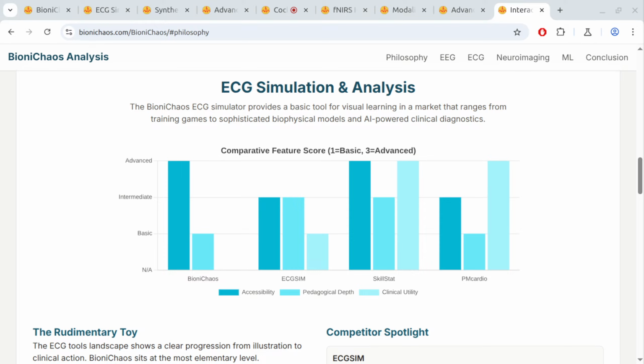The agent is currently involved in deep research for the Bionic Chaos Biomedical Research Project. It's actively working on addressing inaccessible links, enhancing competitor analysis for EMG systems, and exploring various Bionic Chaos tools for comprehensive research.